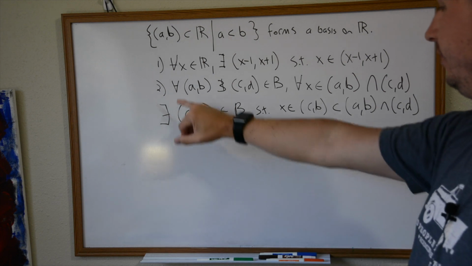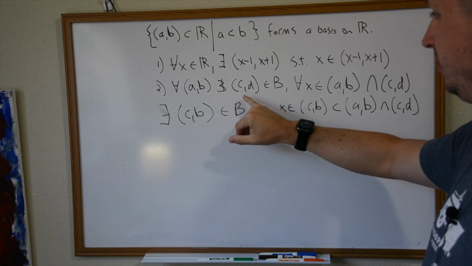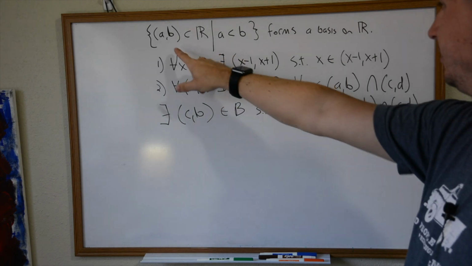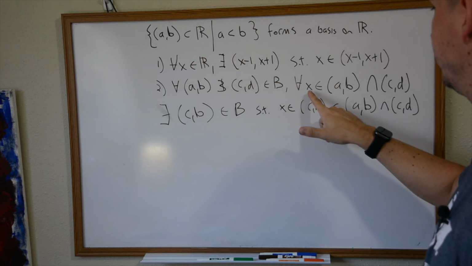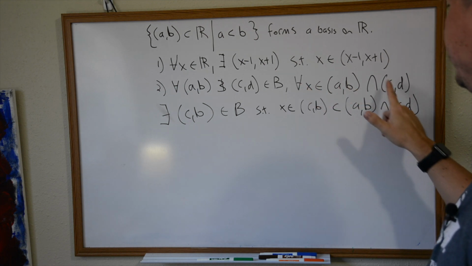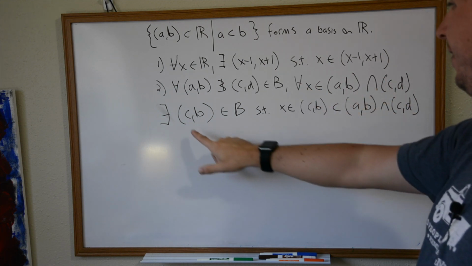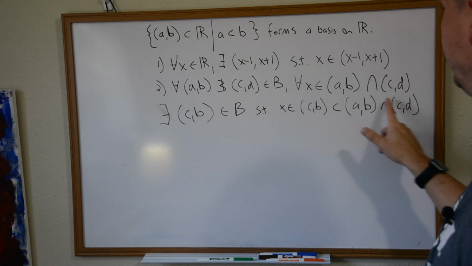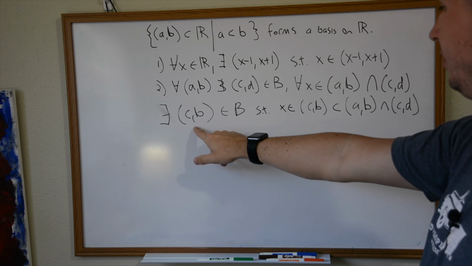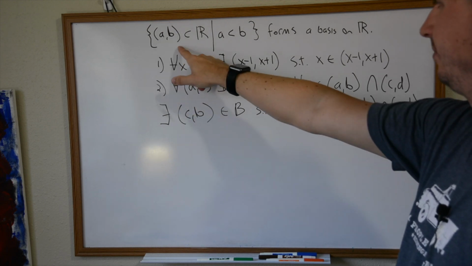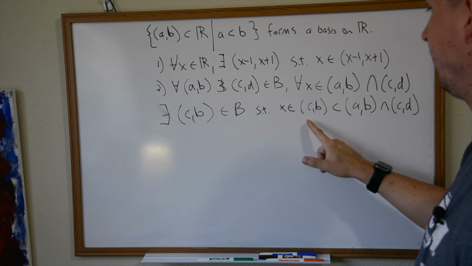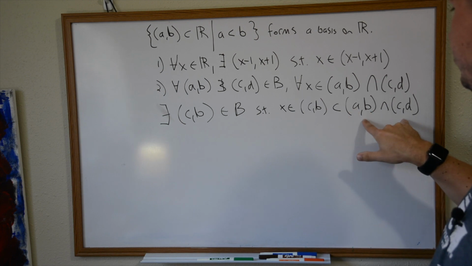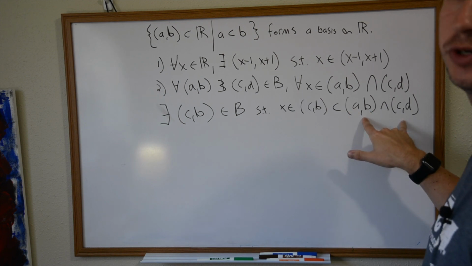And secondly, we showed that if we have the intersection of 2 intervals, which we're calling our basis elements, we can find a number which resides in their intersection, and that intersection will be the open interval from C to B. Since we have the intersection of open intervals, their intersection will be open as well, which will be another basis element, such that our random number will be in that interval, and that interval will reside, like we said, in the intersection of these 2 original intervals.